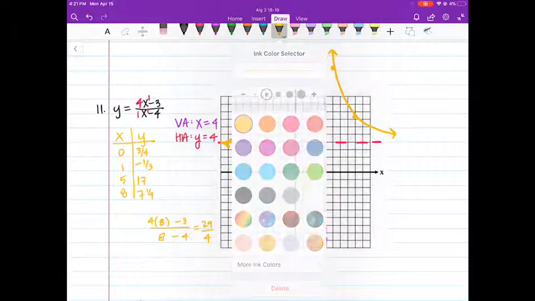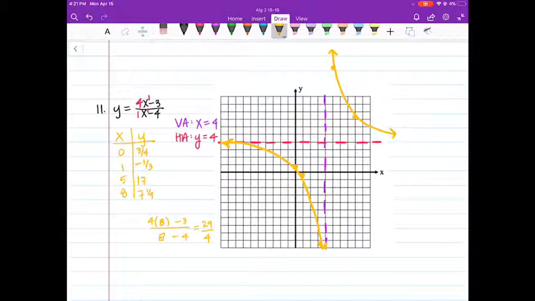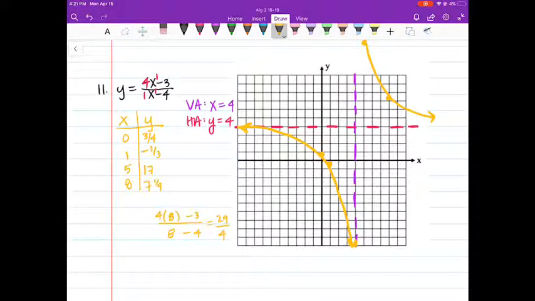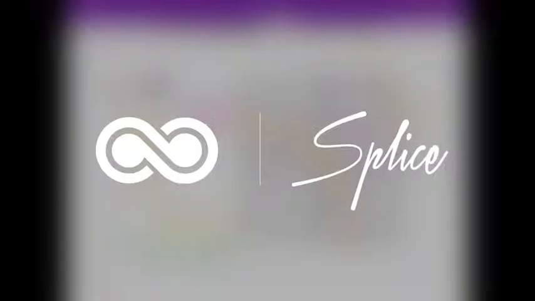Now in this one, we aren't going to have to worry about how we graph this based on y equals 1 over x, thinking about our transformations, but what we can still talk about is domain and range. Our domain, we are going to think about everything except my vertical asymptote. x cannot be positive 4. My range, everything but my horizontal asymptote. y cannot be 4 as well. That worked out well. And we're done graphing that.